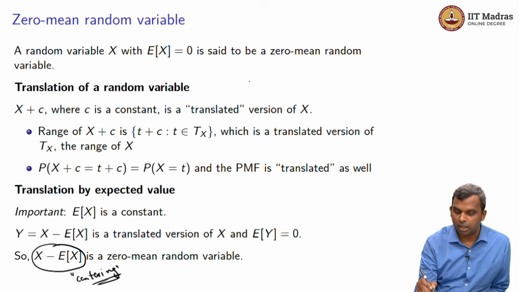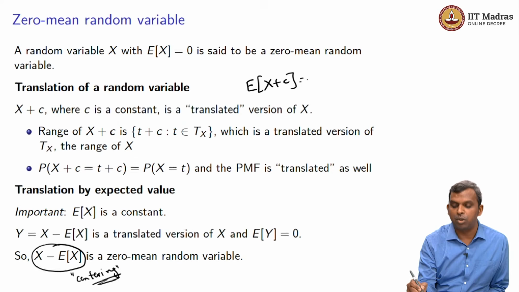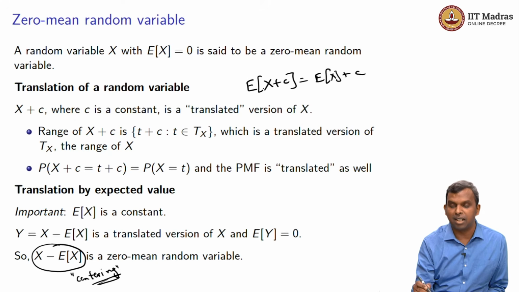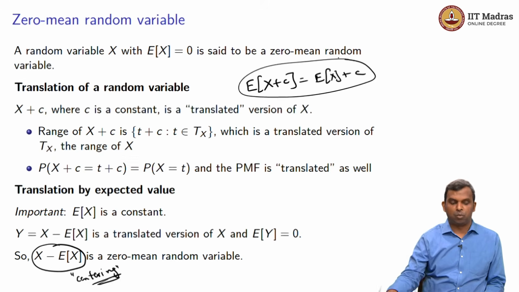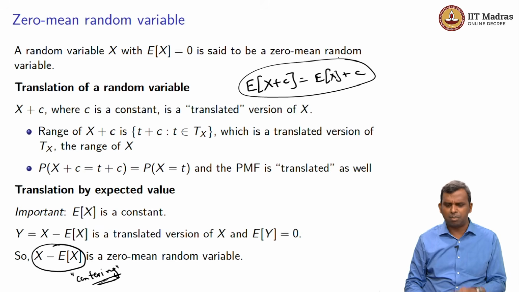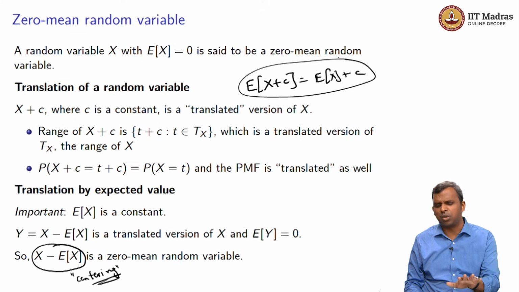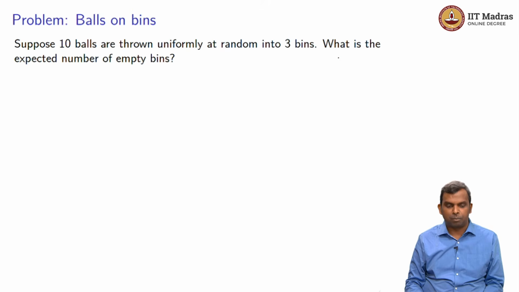In particular, if you look at expected value of x plus c, we know what's going to happen. It's expected value of x plus expected value of c, and that is just c itself. So this is what happens when you translate a random variable. It's just a fact I'm putting out here because it shows up quite often and nobody really talks about it too much, but it is important to understand as well.